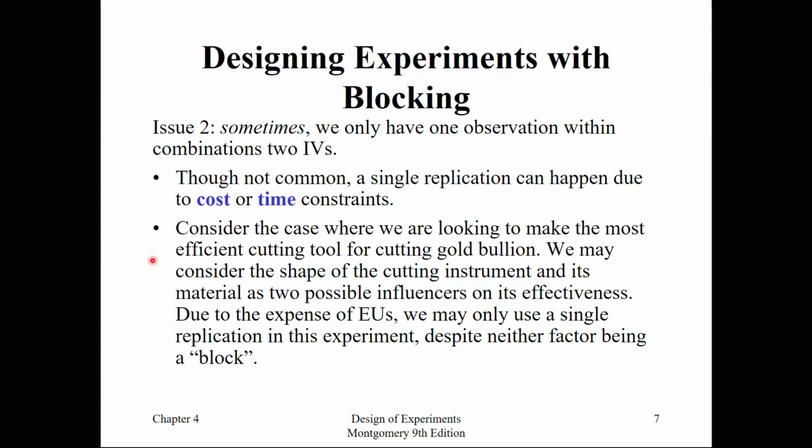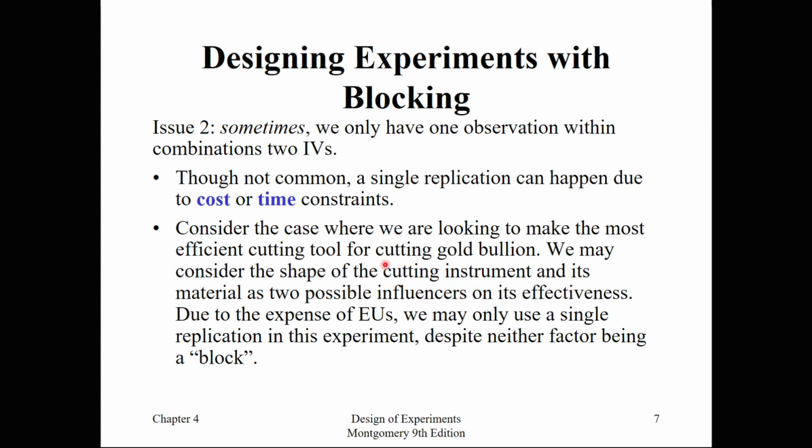So real quick, let's say we consider the case where we're looking to make the most efficient cutting tool for cutting gold, right? And so we're looking at the shape and the material that it's made out of, but because of how expensive creating a gold plate to be cut is, we may only use a single replication.